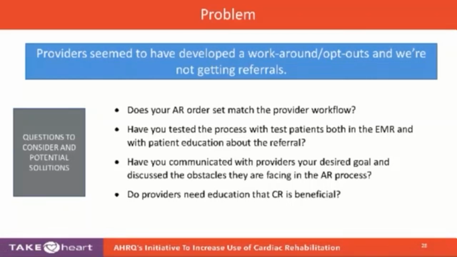Some places have a discharge order set that pretty much everyone has to use, and that makes it a little easier to avoid that problem. Other times, if there are multiple order sets they can be using, it's more challenging. So Sherry or Laura, any observations on what to do if a facility has that scenario?